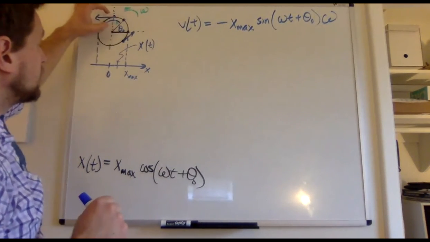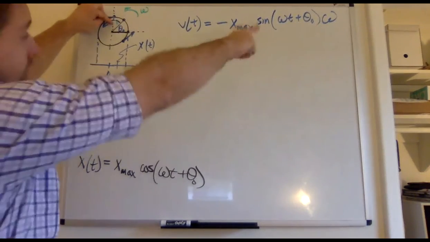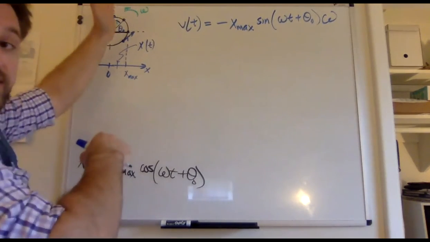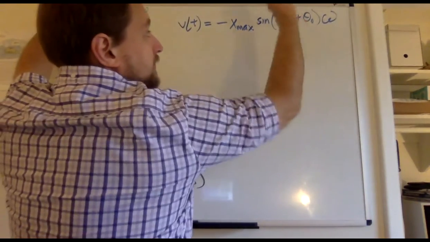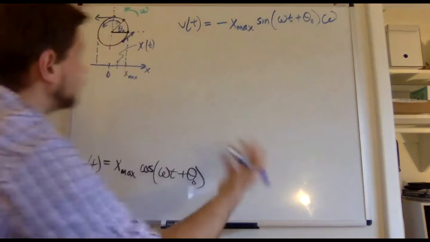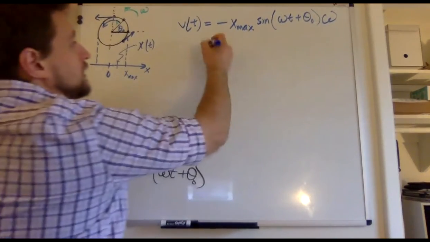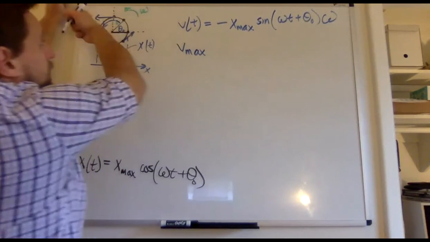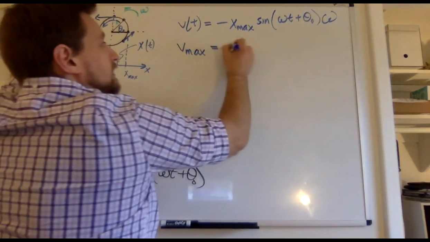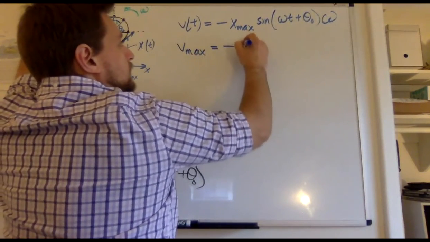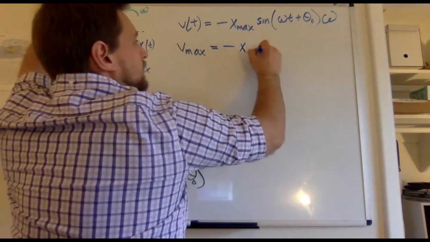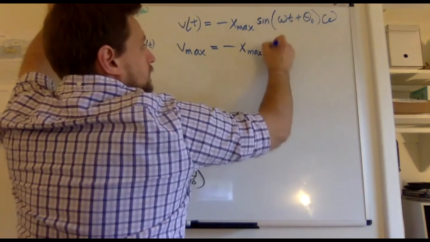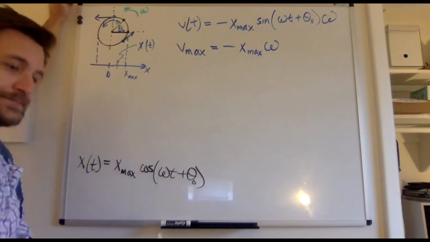And if omega t plus theta 0 is 90 degrees, then the sine of 90 degrees is 1. And what we just found is the maximum speed that we're going to have on our way back through the origin is negative x max times 1 times omega.